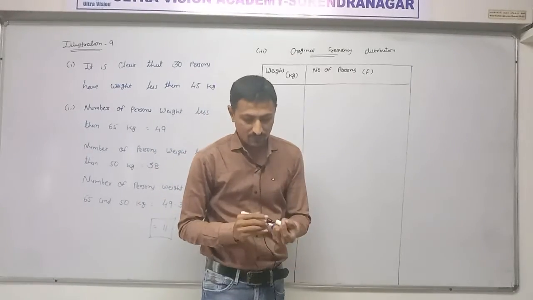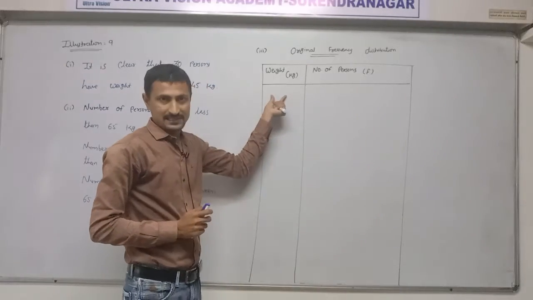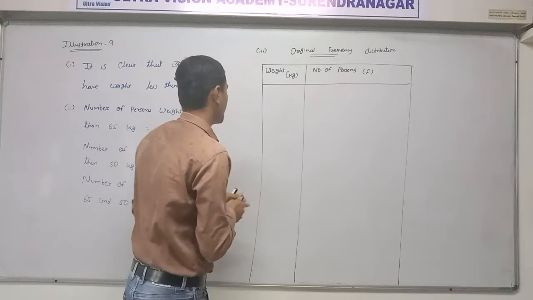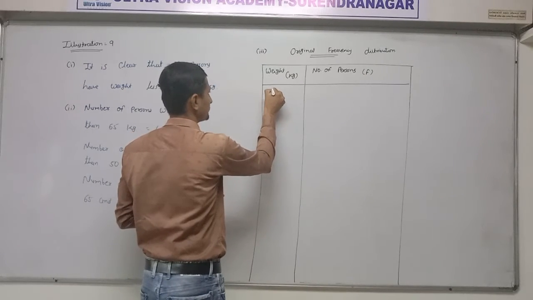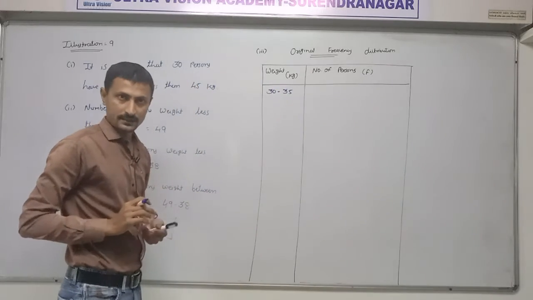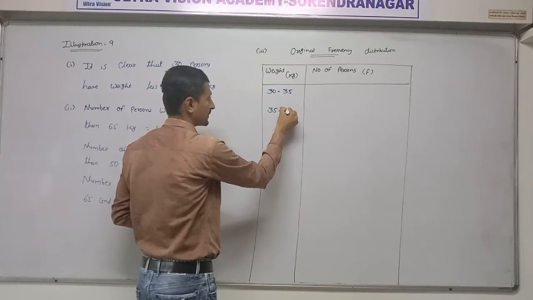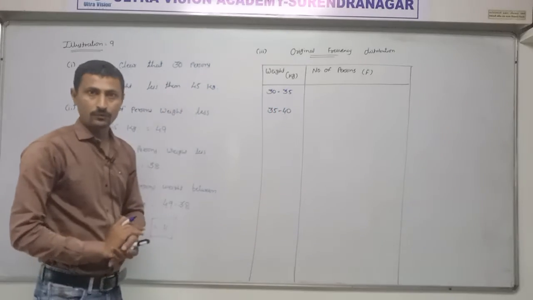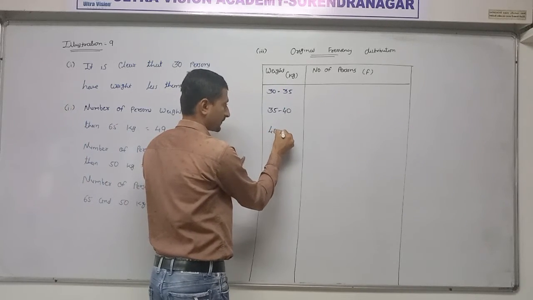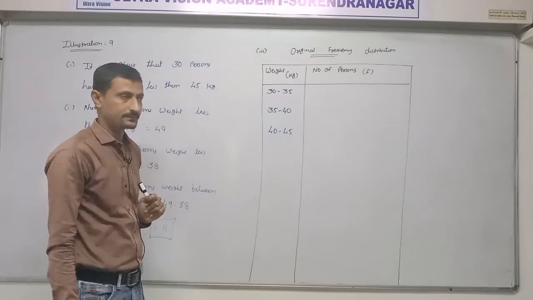So check it. The lowest lower boundary point is 30, then 35, and the highest is 70. So the classes: the first class is 30 to 35 kg. Next class 35 to 40. Next 40 to 45.